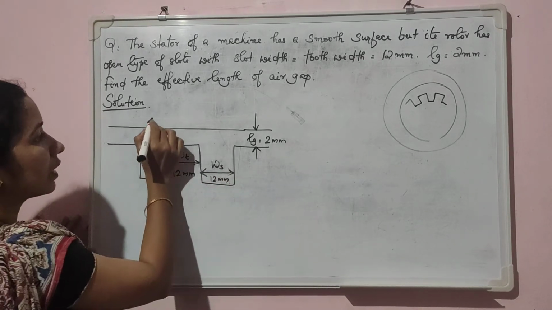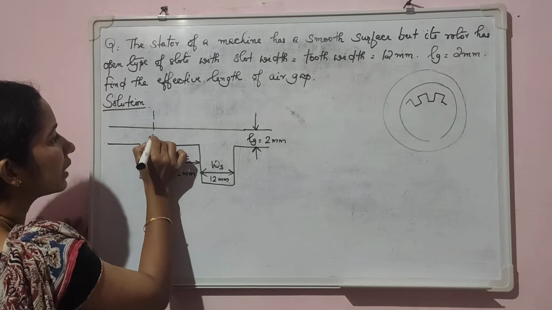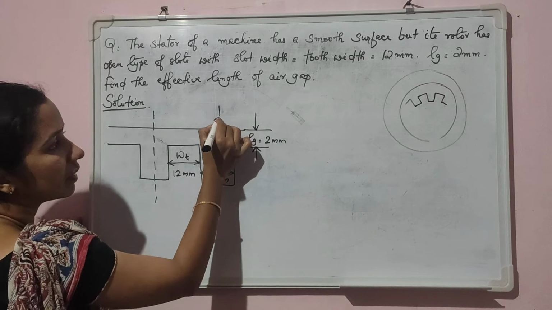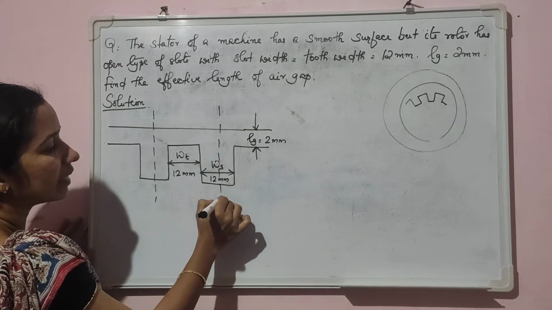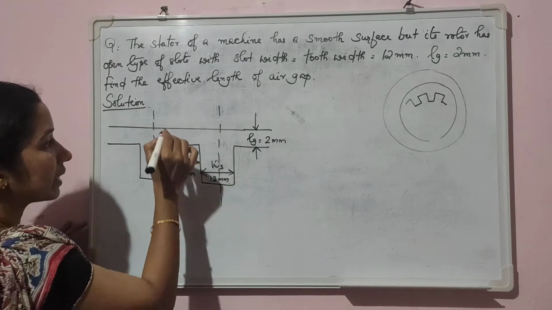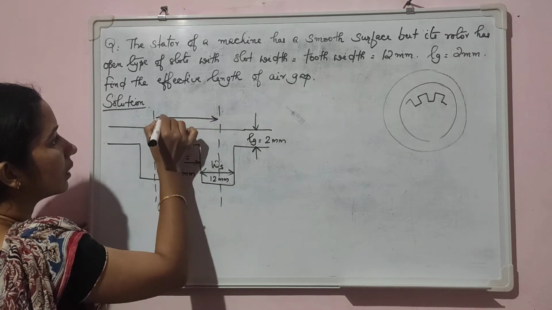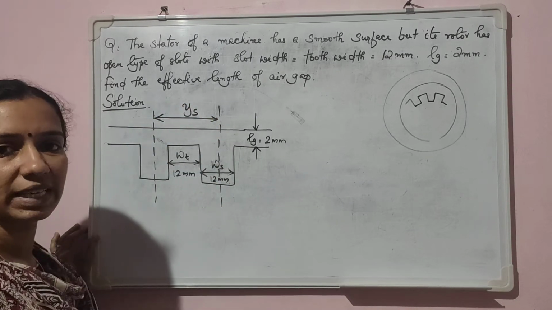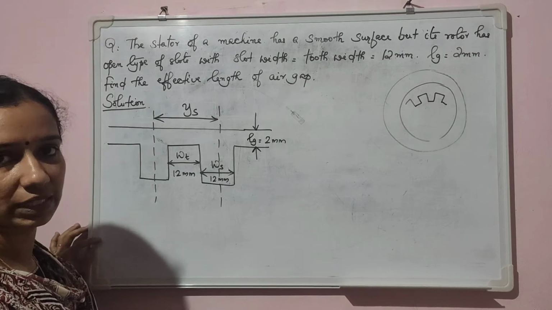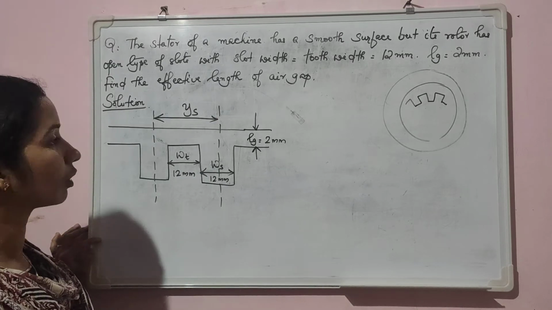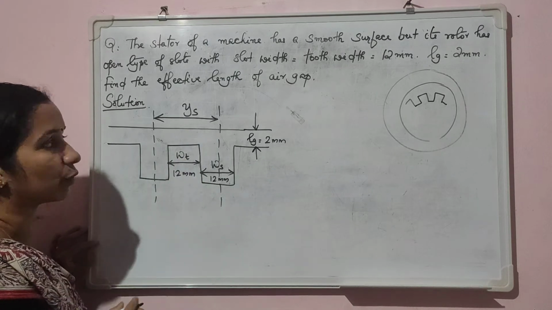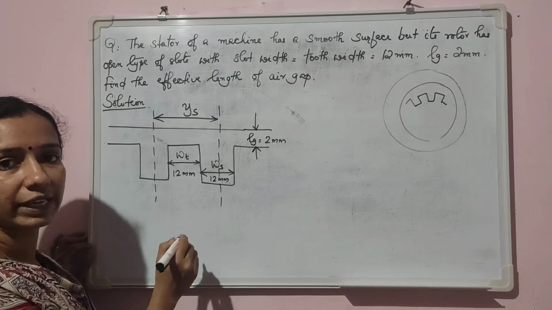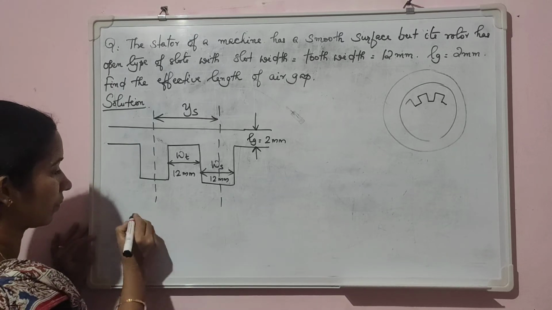Now let us mark the slot pitch Ys. We know that the slot pitch Ys is the distance between two adjacent slots. The center to center distance between two adjacent slots is known as slot pitch. So let us calculate the value of Ys from this diagram.